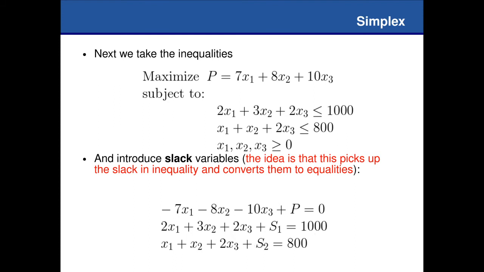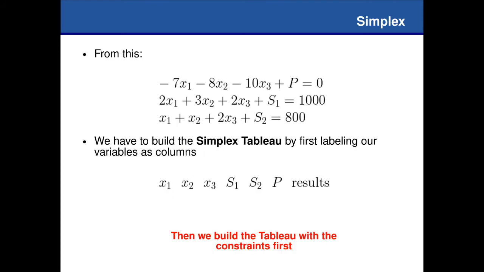If we add something, we're going to be equal to 800. Of course, S1 and S2 have to be greater than or equal to 0. Otherwise, we're not going to have the solution. Those variables will be greater than or equal to 0. So now we start building what is referred to as the simplex tableau.